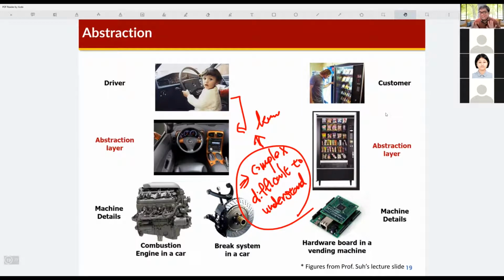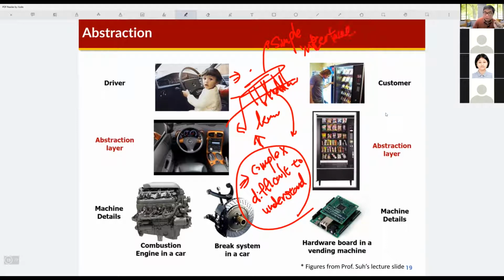And that is actually a disaster. So in order to make most people able to drive a car, this knowledge is hidden, and we make a very simple interface. Then these simple interfaces are revealed to the customers or drivers.